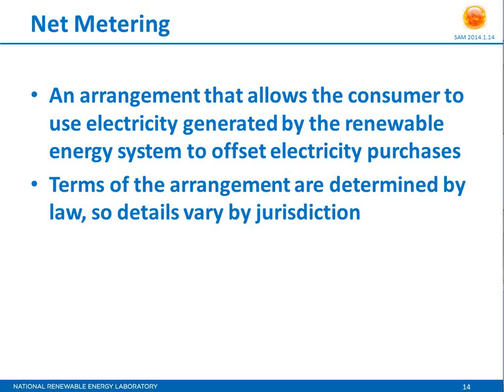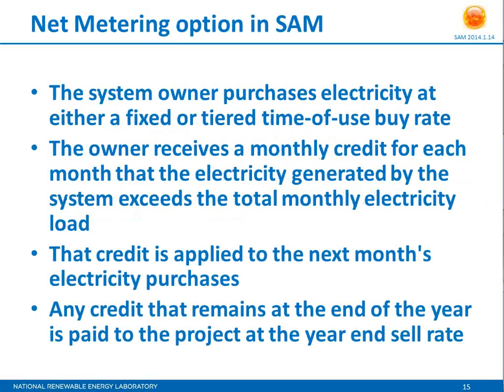In the U.S., typically states make the law, and then they're implemented by utilities in various ways. So there are lots of different approaches to net metering and lots of little details about how net metering happens in real life.